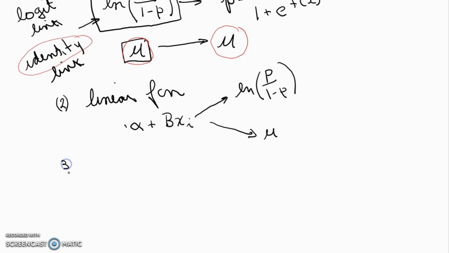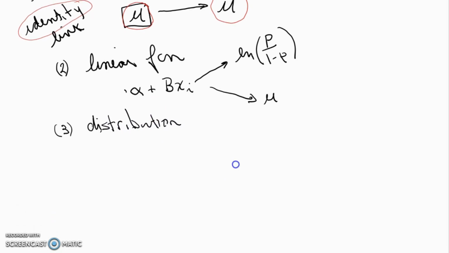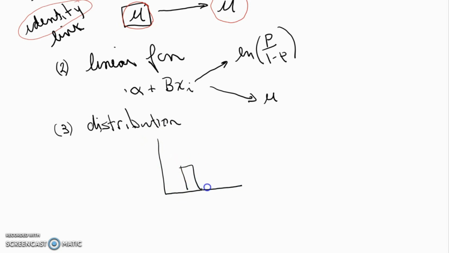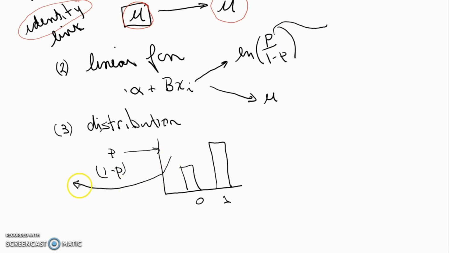And the third component is the distribution. In the case of logistic regression, we had a Bernoulli distribution. We had the value of p, it'd be p right there, 1 minus p right there. Got that from there. And then we would randomly draw one value to get y i.